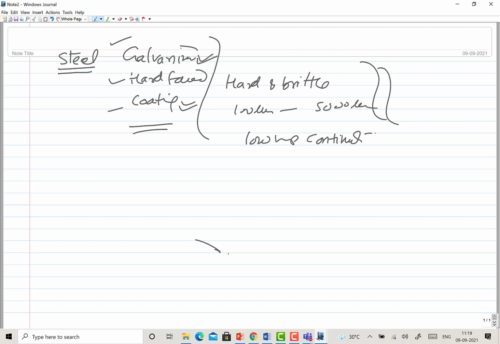So the main problem is encountered in the steel or metallic components which are coated. That is encountered because of the low forgeability of the metal which is there as a hard facing or as a coating.